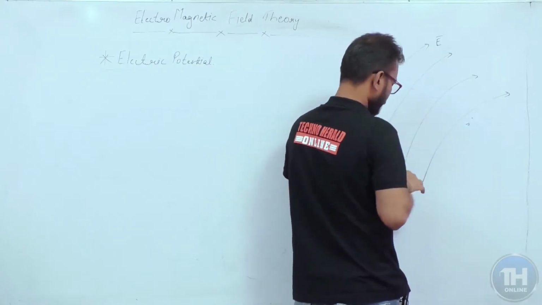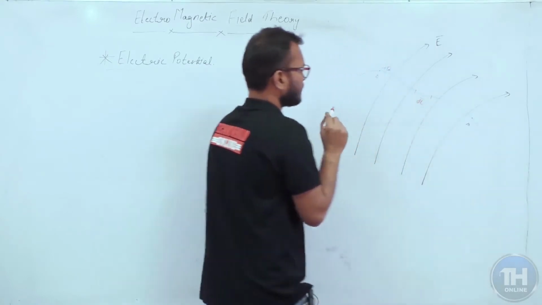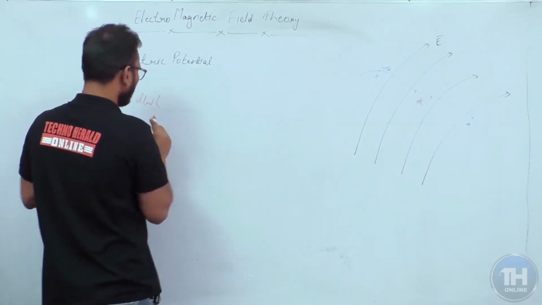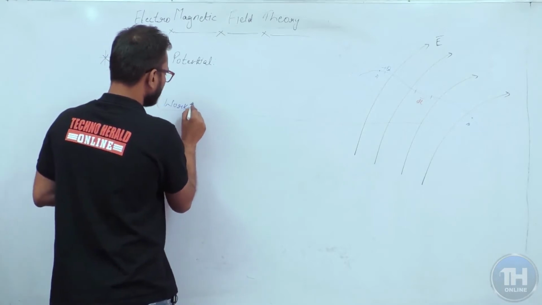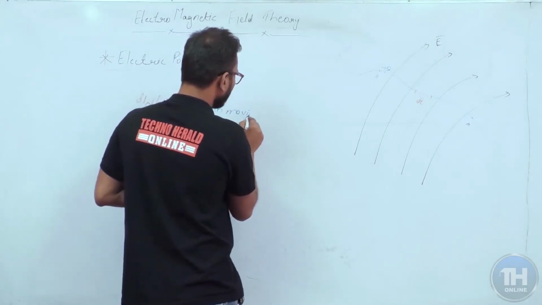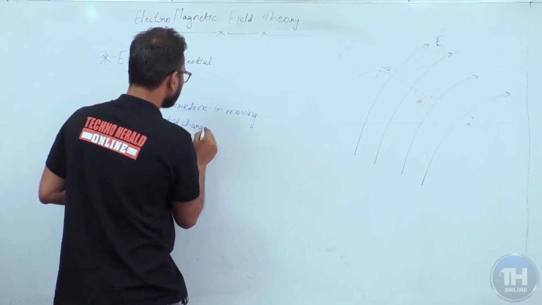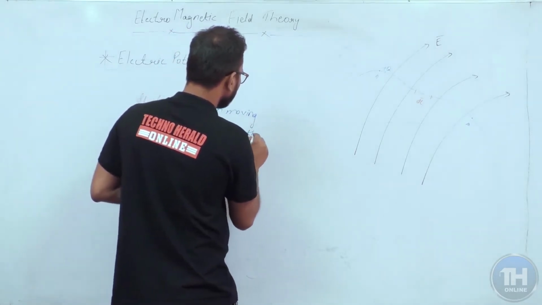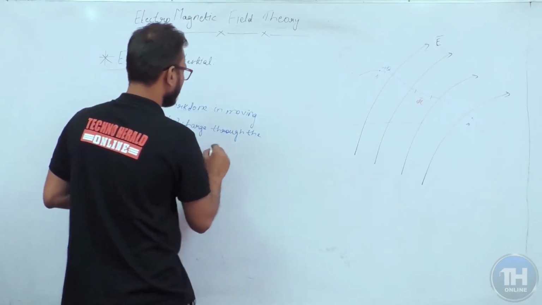over this path. This is the elemental length dl over this path. Then dW, what is dW? Work done. dW is the work done in moving plus Q charge through the length dl.